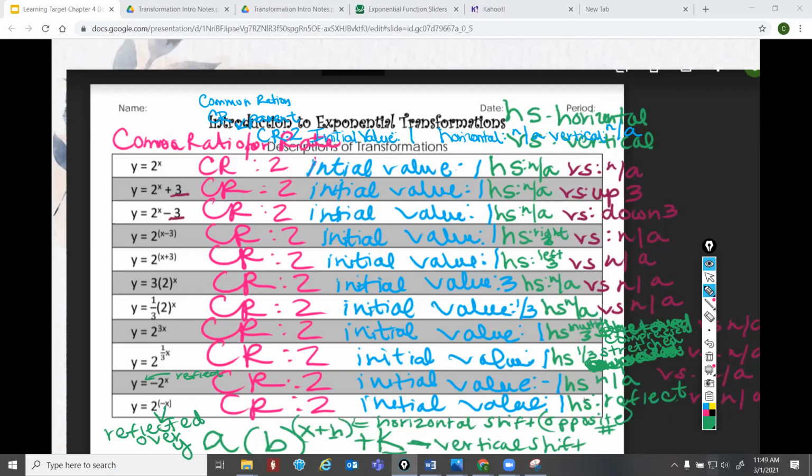So the exponent is always in charge of what? Anytime you have an exponential function like this, the part right here is always in charge of what? Horizontal or vertical stuff? So this is horizontal.